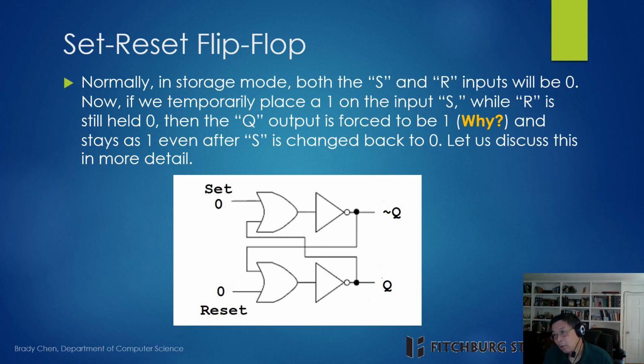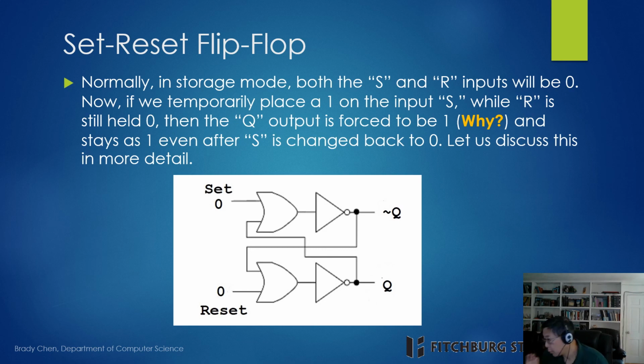Now let's take a look at how the SR flip-flop works. Let's assume that the flip-flop is in storage mode, which means that both the set input and the reset input are set to 0. So now the value Q is the stored data.